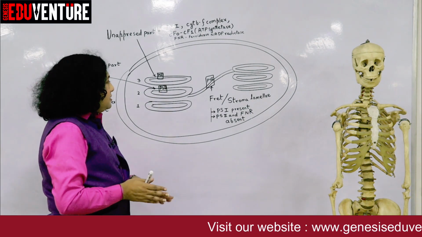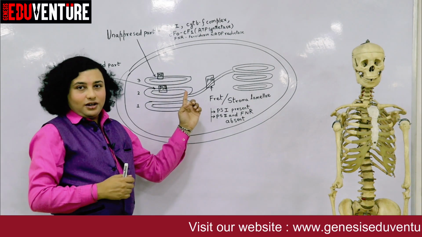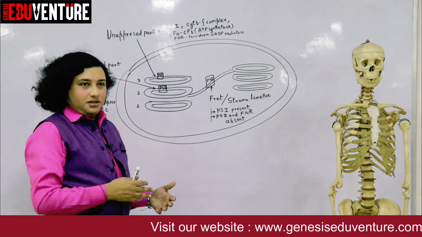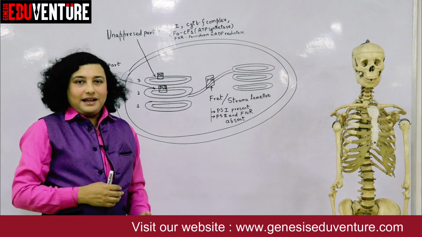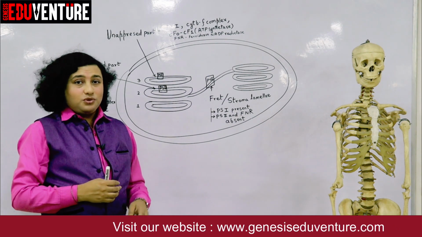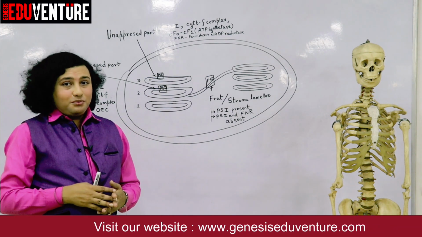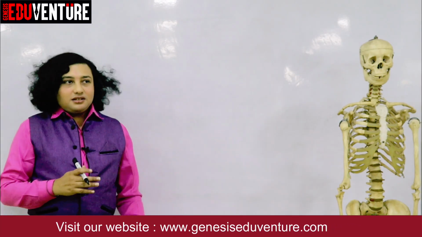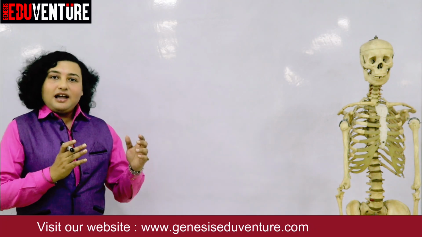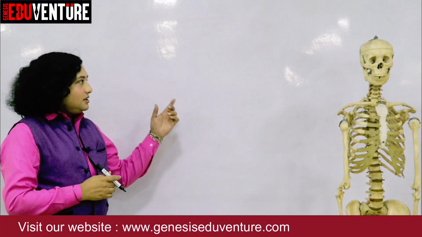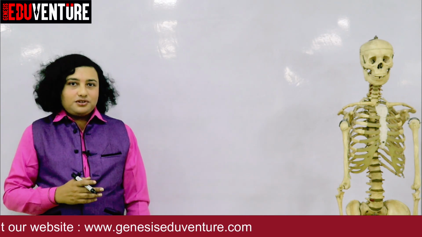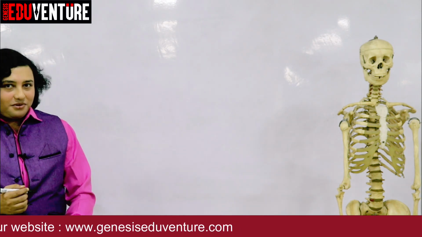After this, let us take a single thylakoid and try to understand how the light reaction of photosynthesis takes place with respect to the chemiosmotic hypothesis. Last time we said we are going to take a single thylakoid and highlight it in a big version. So let us take up this diagram now.